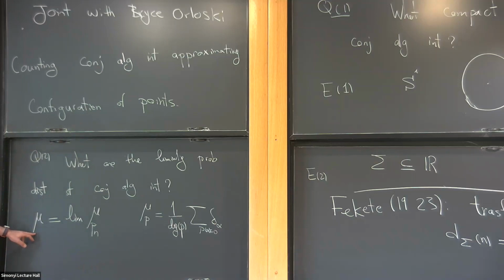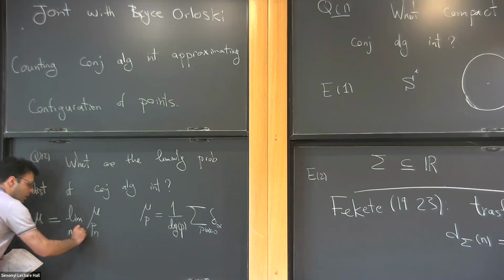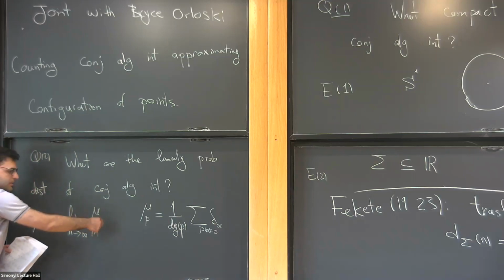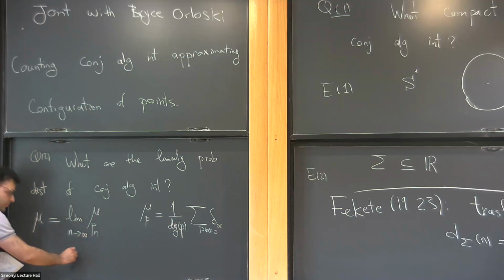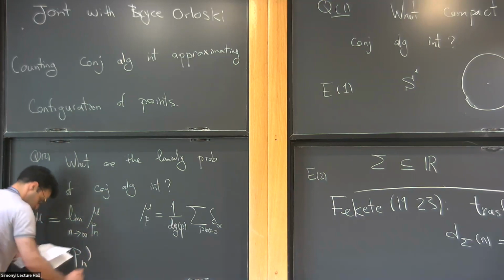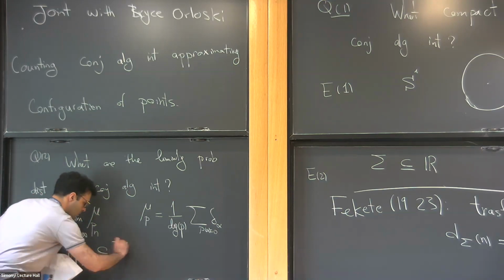So we are interested in the weak limit along a sequence of polynomials P_n such that all the roots of P_n belong to sigma, right? That's the question we're interested in. So the roots of P_n belong to sigma.